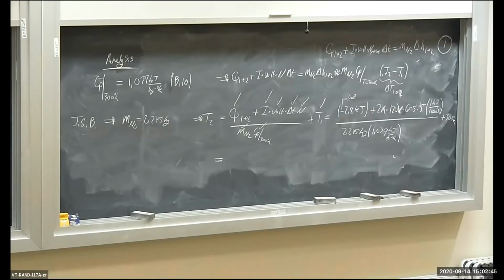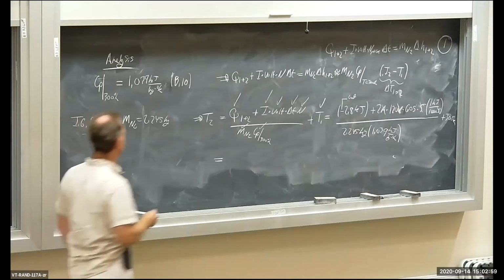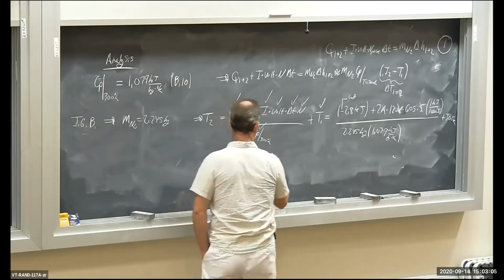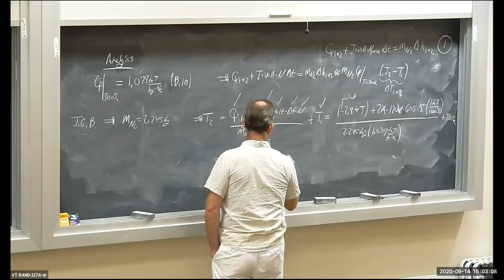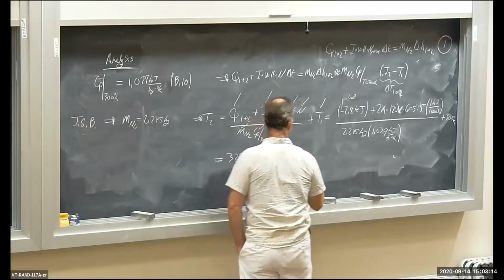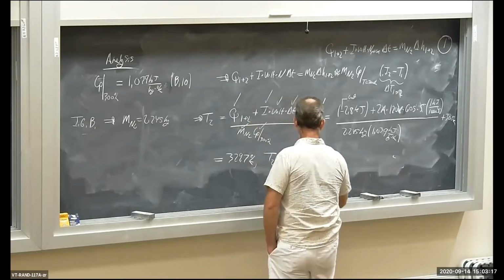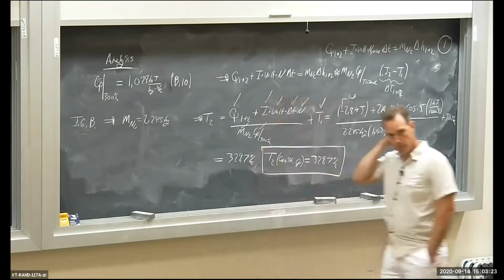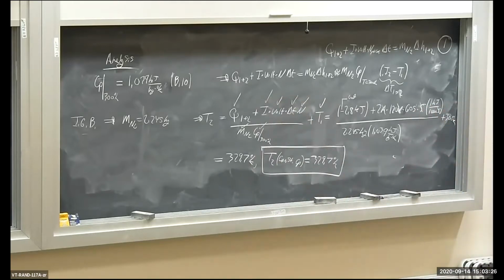Let me crank this out for you. 329.7 degrees Kelvin. So T2, and this is for constant Cp, is equal to 329.7 degrees Kelvin. Okay? That's constant specific heats.